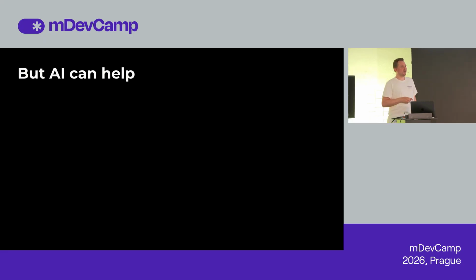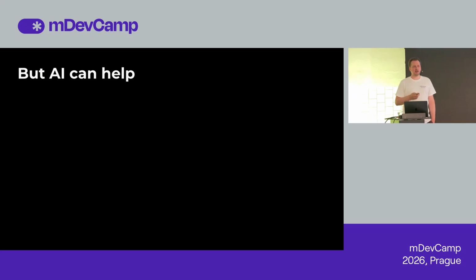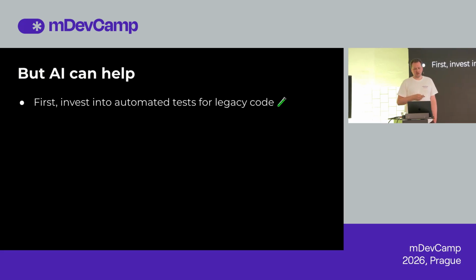But we are in an age of AI, and AI can definitely help. I think all of these still apply in the age of AI. You should not rewrite your app from scratch. You should rewrite it gradually, but with AI. AI can help and make you much faster.